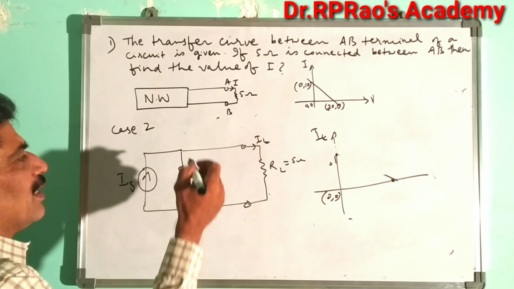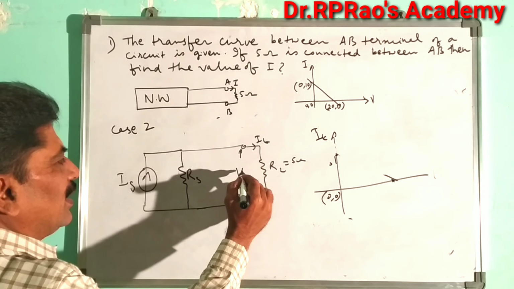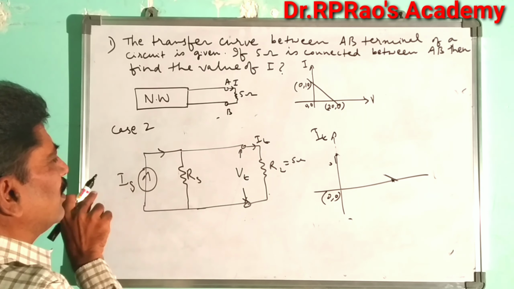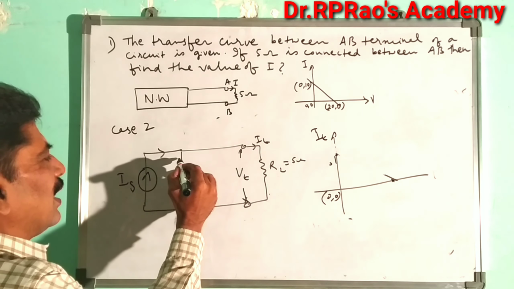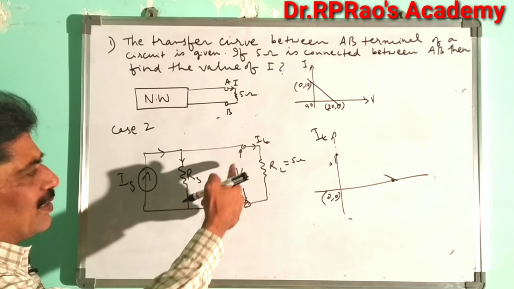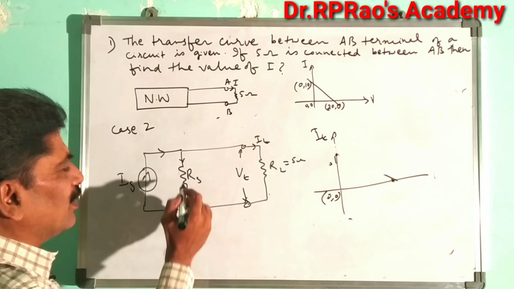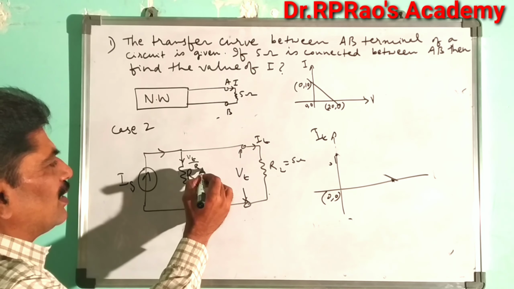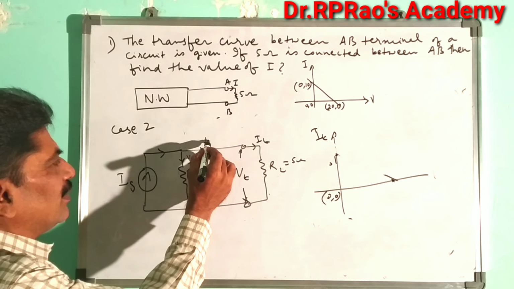Current is nothing but I only, and let Vt be the terminal voltage, and Is is the current supplied by the current source. Since this branch is passed through, this current will be Vt by Rs, and this current is It only.